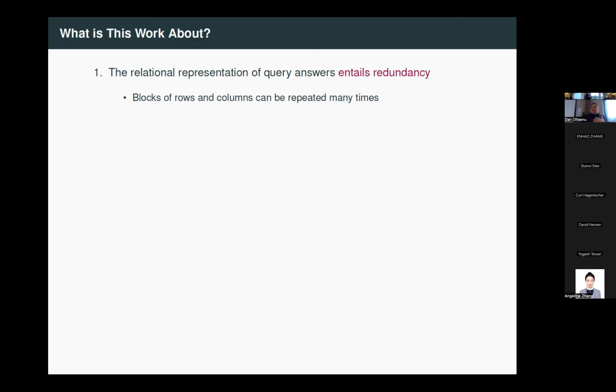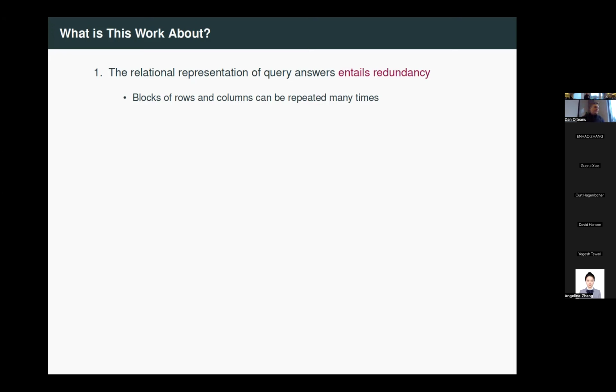There is some redundancy. In database theory, people look a lot at removing redundancy in the input data by means of normalization theory and so on. But when it comes to the query answer, suddenly it's not an issue anymore. So the question is, can we come up with something like normalization theory, but for the output of a query, not only for the input of the query?